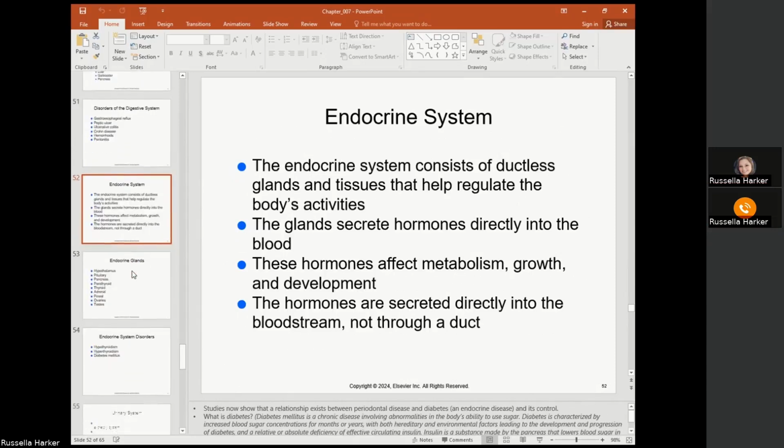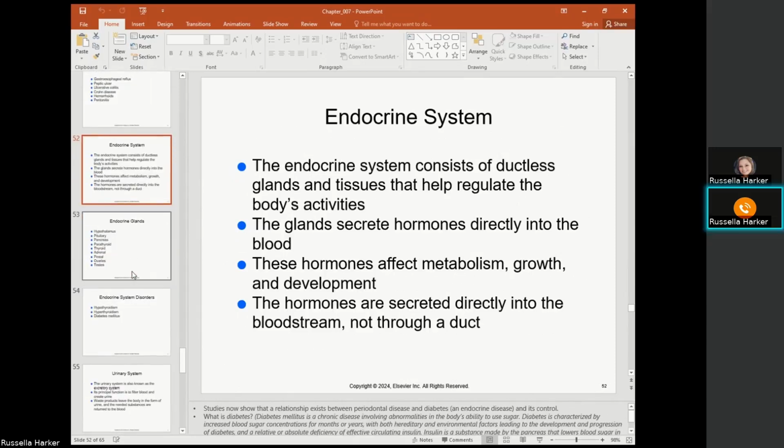The endocrine system consists of ductless glands and tissues that help regulate the body's activities. The glands secrete hormones directly into the blood. These hormones affect metabolism, growth, and development, and are secreted directly into the bloodstream, not through a duct.